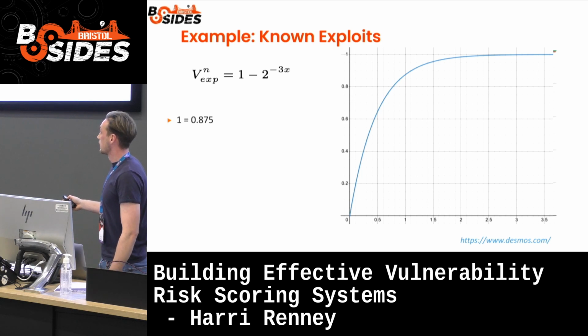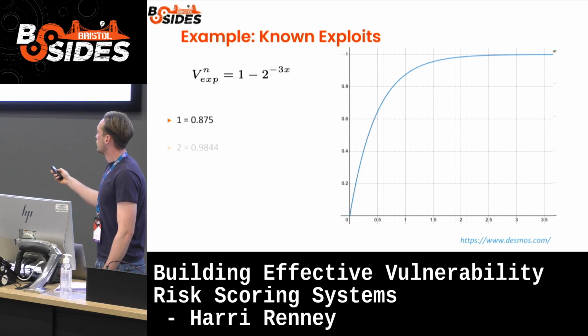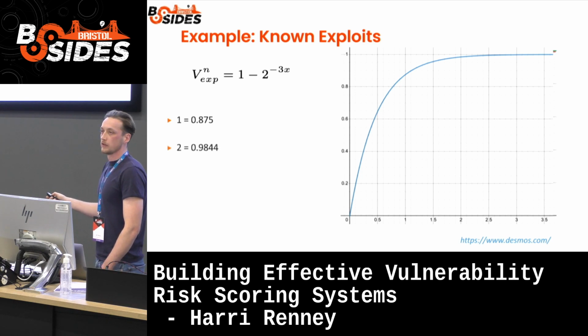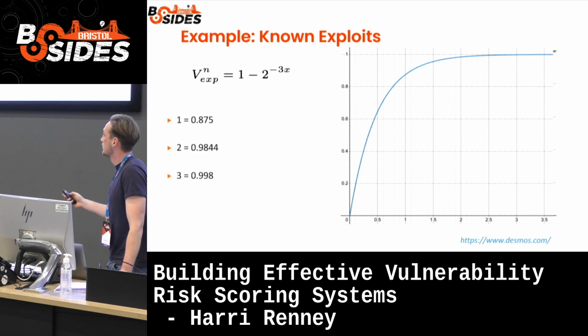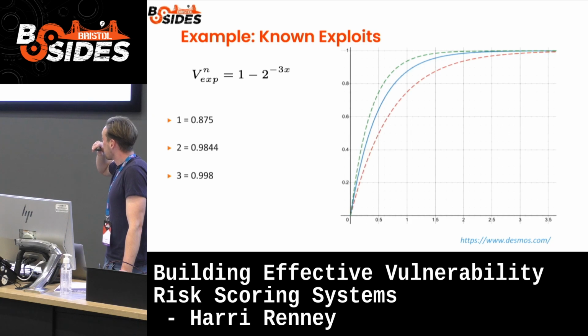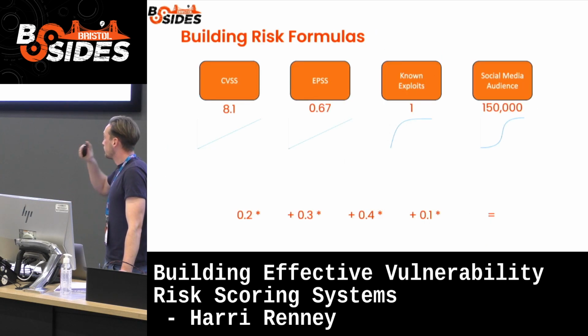So as soon as you have one, you're increasing the risk contribution from known exploits into your formula a lot. And then if you've got 2, you're basically at full impact, and then again diminishing returns. But once you have known exploits, that's it in the bag, right? And again, you've got parameters to control the shape of your curve if you want different values to come out of that. Okay, sweet.